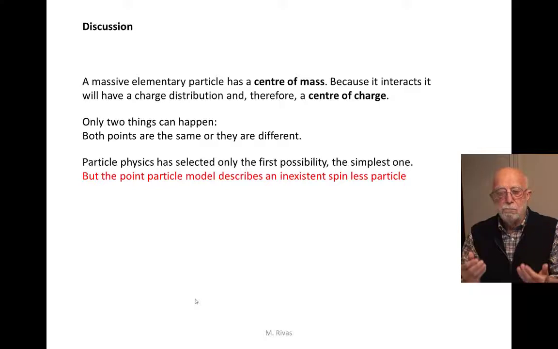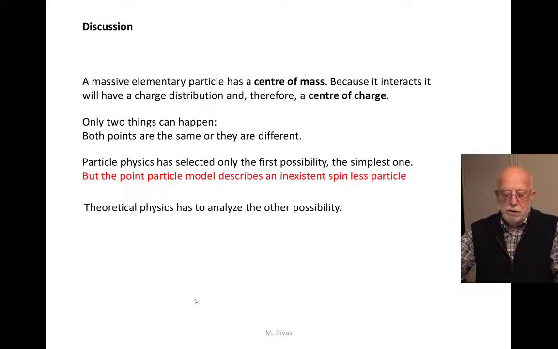But the point particle model describes non-existent spinless particles. They do not exist. And therefore, particle physics has to try to understand what happens if we have an object with two centers. We have to analyze this second possibility.